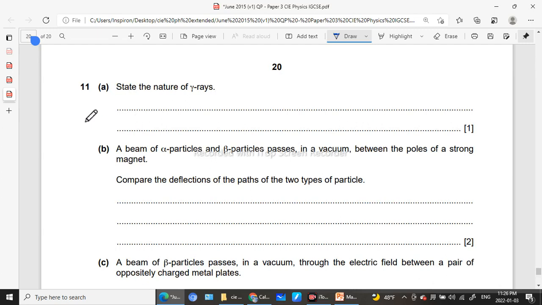A. State the nature of gamma rays. Gamma rays is an electromagnetic radiation with a very high frequency.